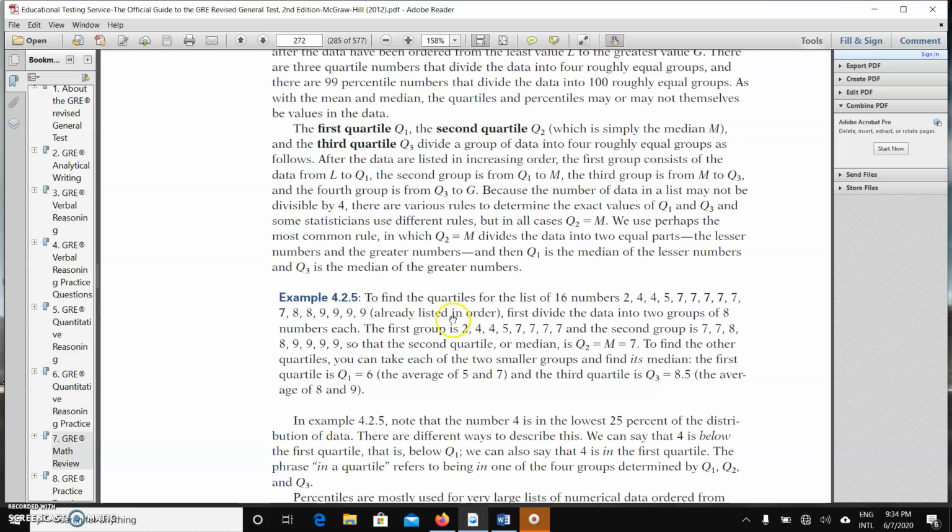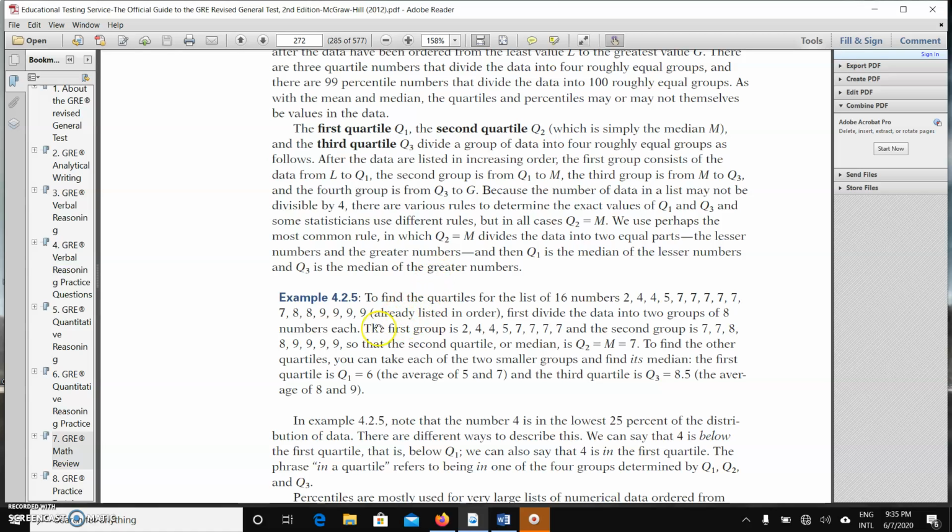That is the first thing to do if you want to solve a data question. Now the next thing they did was to pick out the Q2, because I told you the Q2 is always the middle number. If you divide it into two groups, you have 1, 2, 3, 4, 5, 6, 7, 8, 9, 10, 11, 12, 13, 14, 15, 16.